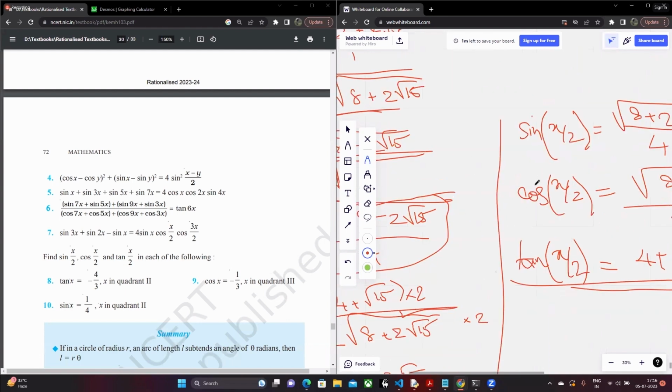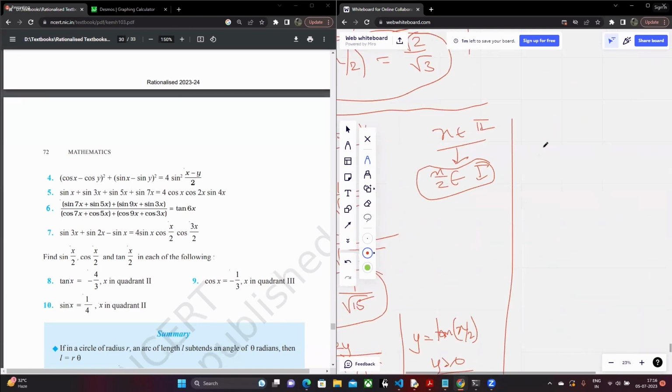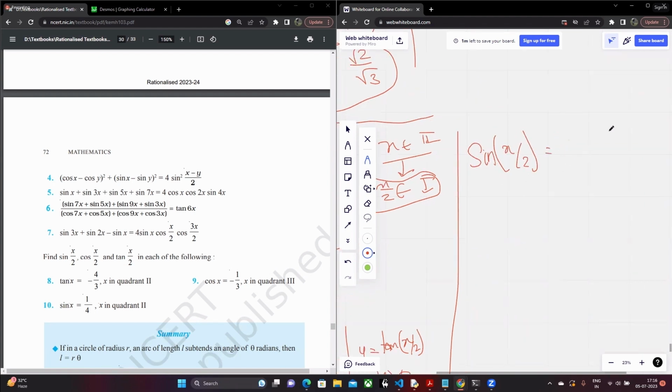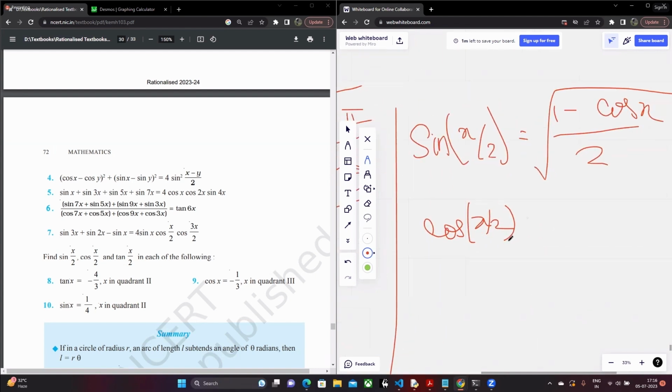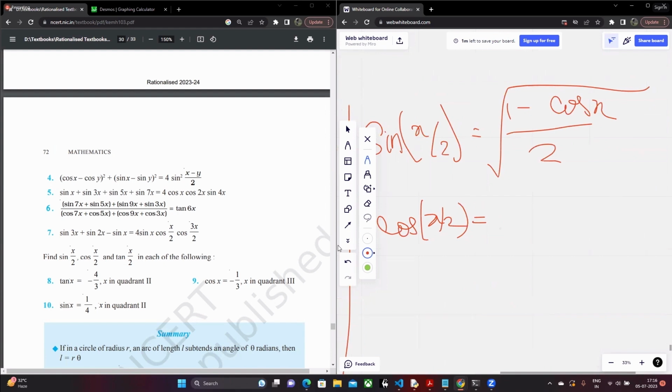Instead of doing all this, there are actually very way easier formulae for half angles. You usually say that sine of x by 2 is equal to 1 minus cos x by 2 whole under root. You say that cos of x by 2 is going to be square root of 1 plus cos x divided by 2.